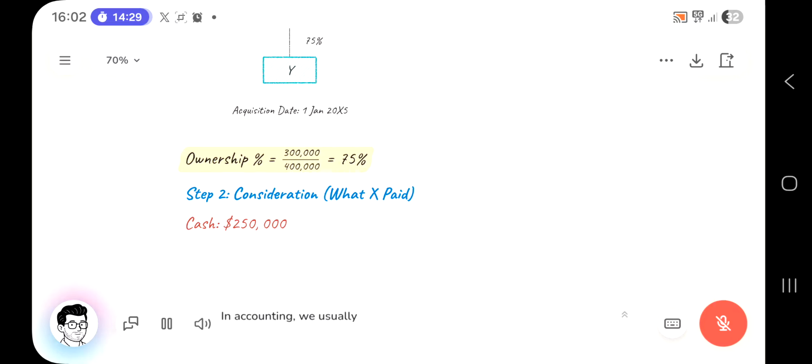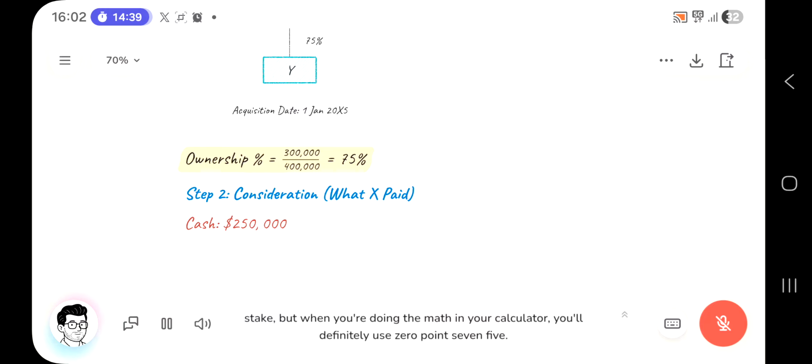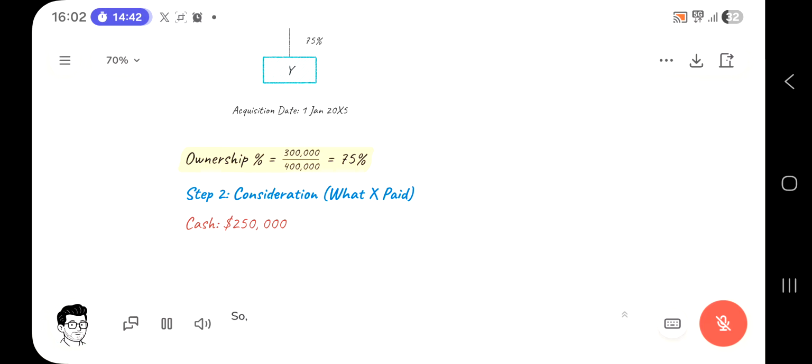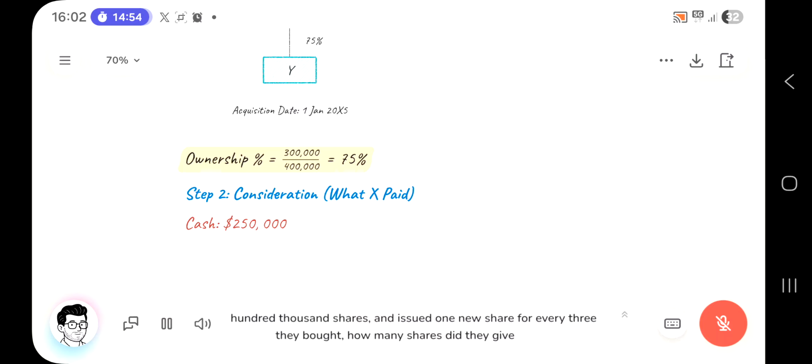In accounting, we usually talk in percentages to describe the ownership stake, but when you're doing the math in your calculator, you'll definitely use 0.75. So, looking back at that 1-for-3 share deal, if X bought 300,000 shares and issued one new share for every 3 they bought, how many shares did they give away?